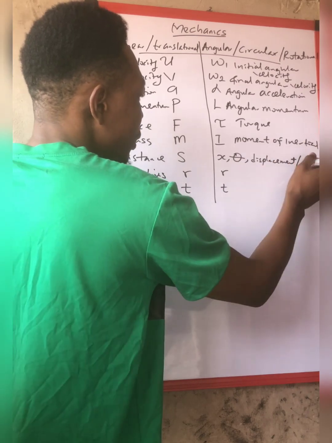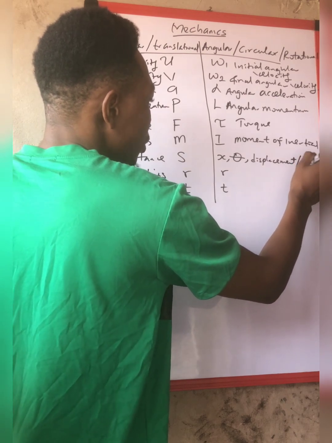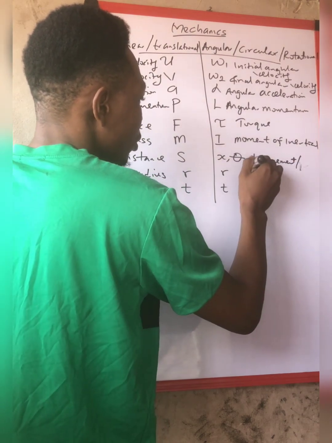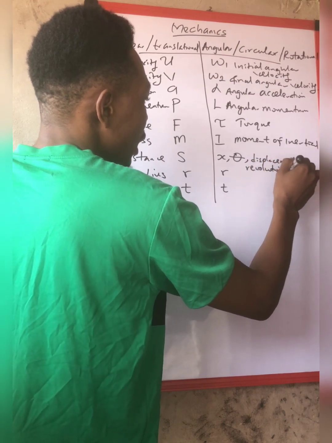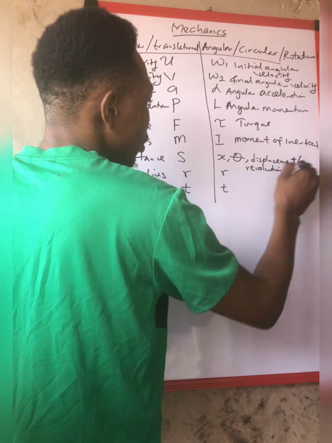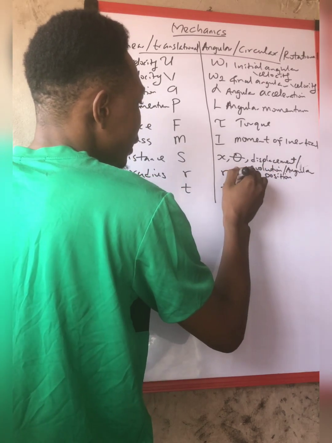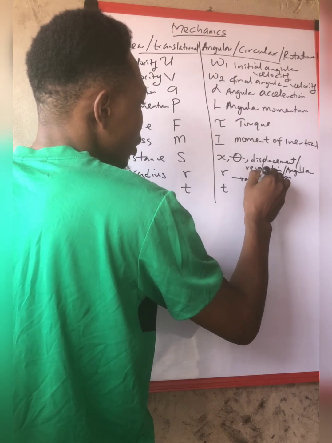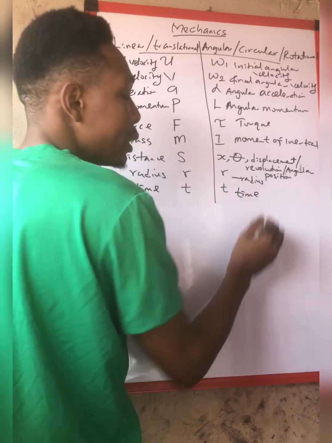Then this represents revolution, or you can call it angular position. R represents radius. Then t represents time.